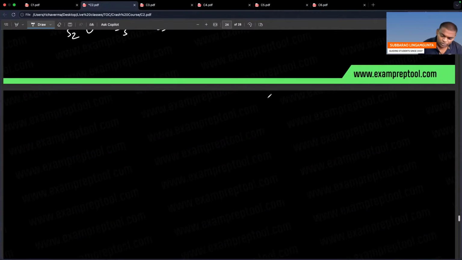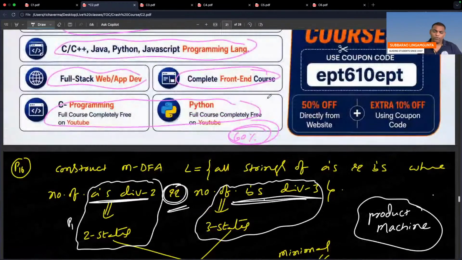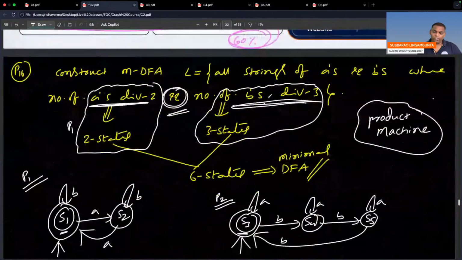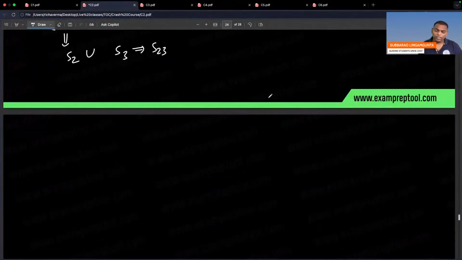Now see the next problem. Can you see this one? Problem number 16 is over. Let's go to problem number 17.